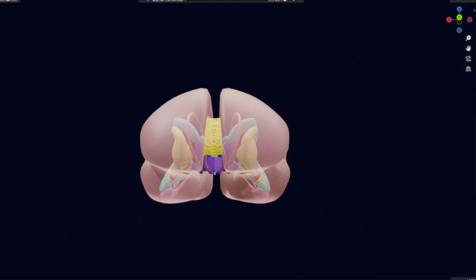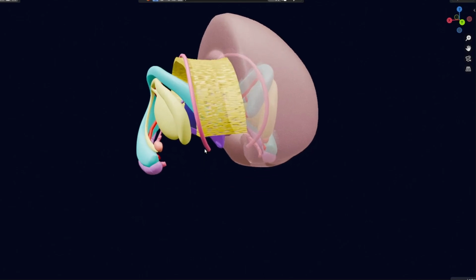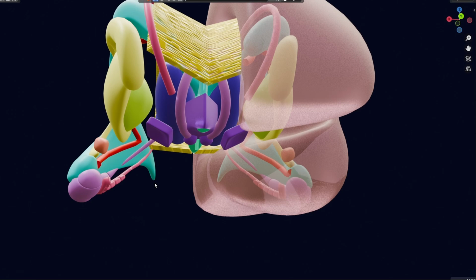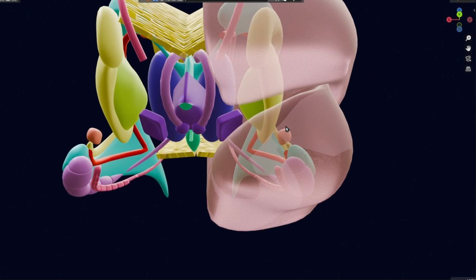Let's hide one of the cerebral cortices. If I hide one of the cerebral cortices, you can see that from the temporal lobe, some fibers are going to the other side of the temporal cortex.